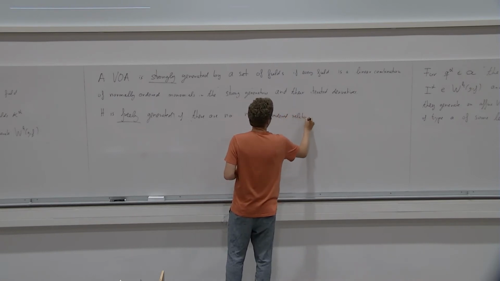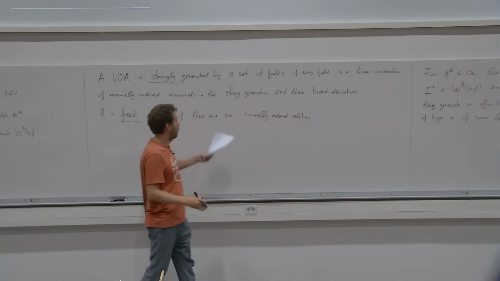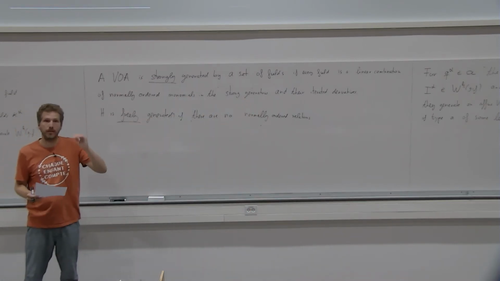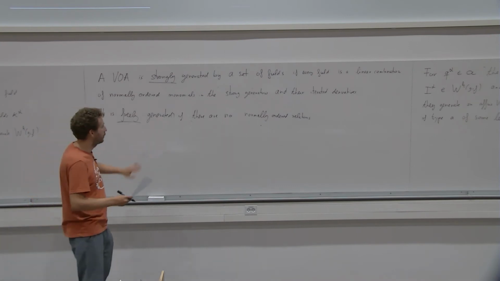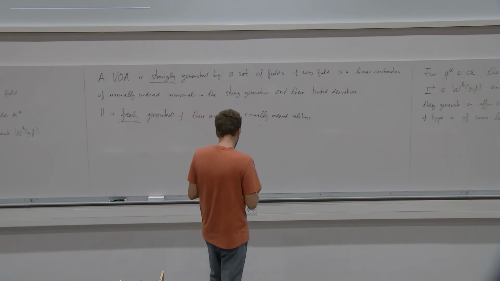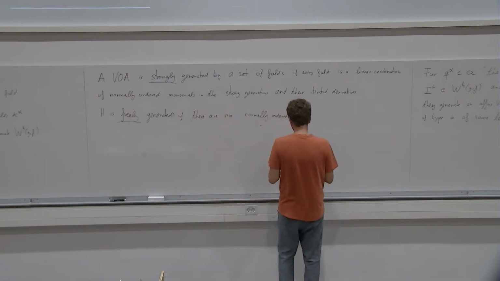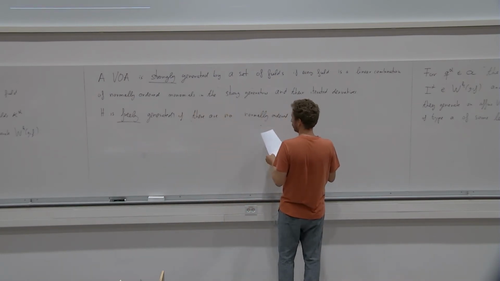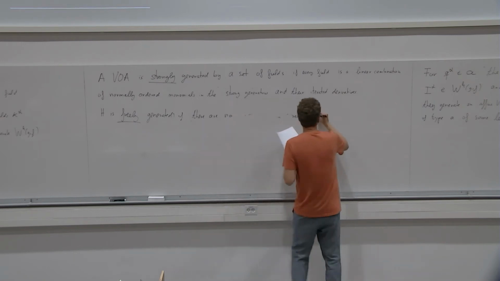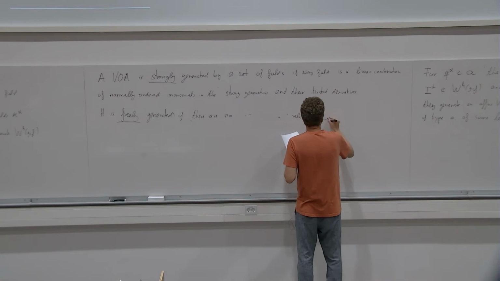It could of course be that a certain normally ordered polynomial of strong generators and their derivatives simply acts as 0. And freely generated means this will never happen. There are no relations between normally ordered products.